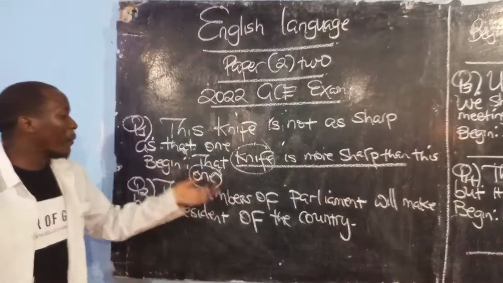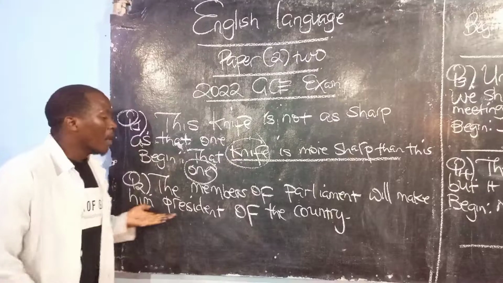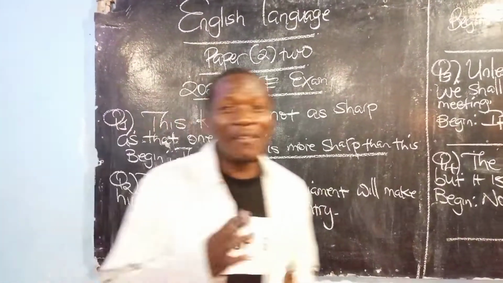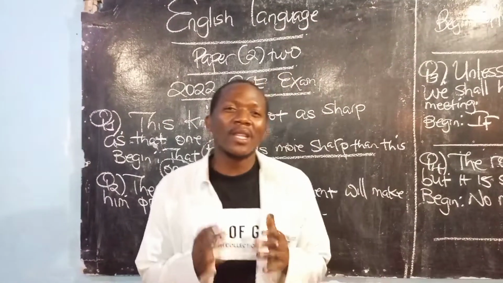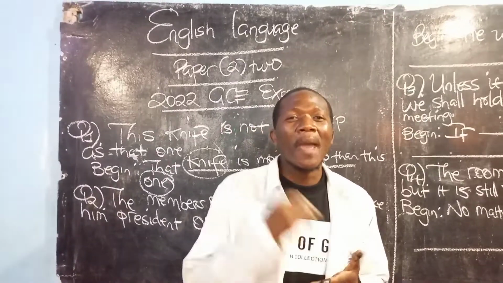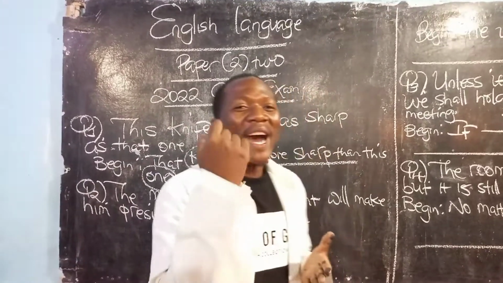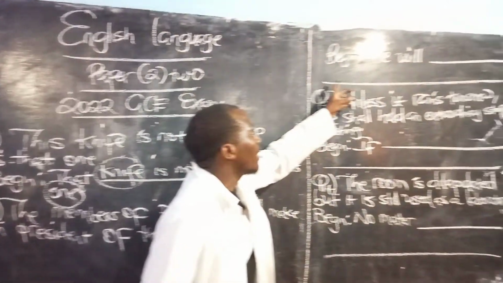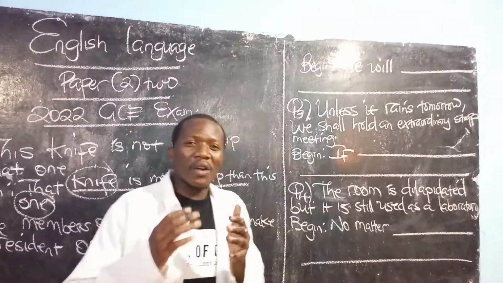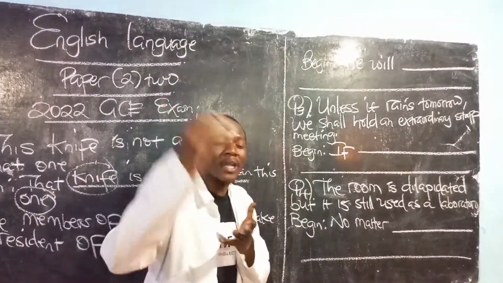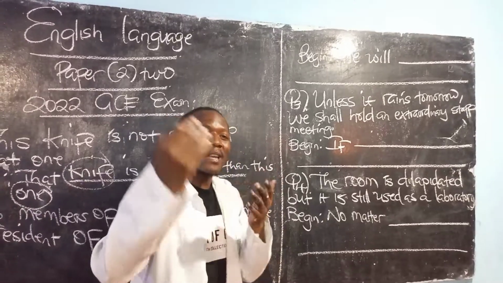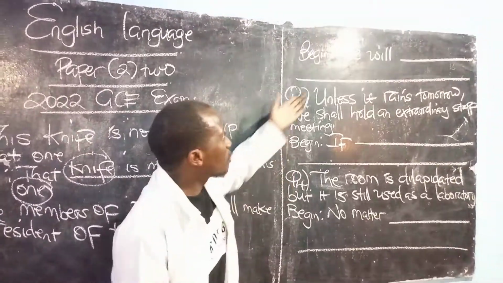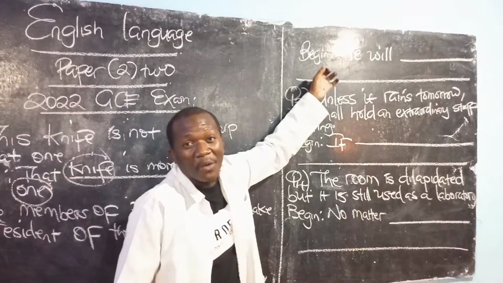The members of parliament will make him president of the country. Having to say that, we're trying to talk about a certain majority of the people bound to vote for someone. And in that instance, the sentence starts with he will. So we're trying to talk about the exact support coming from people, hence enabling him to be the exact president of the country we are going to talk about.